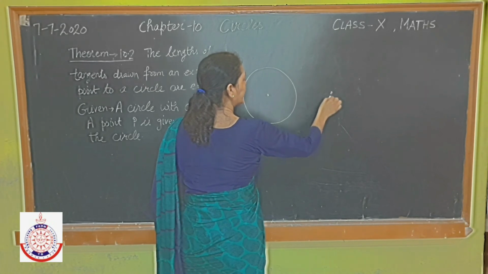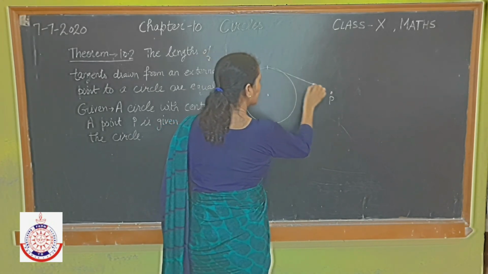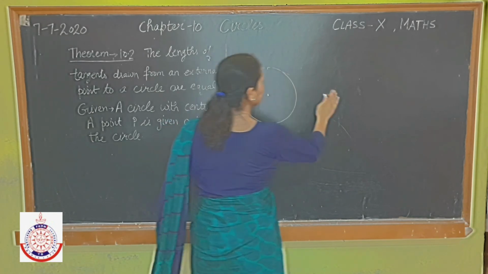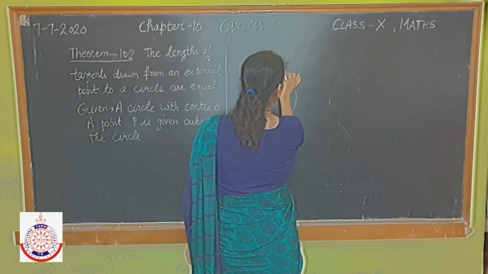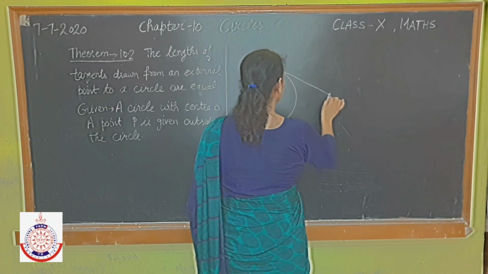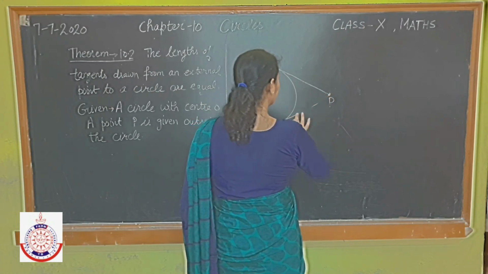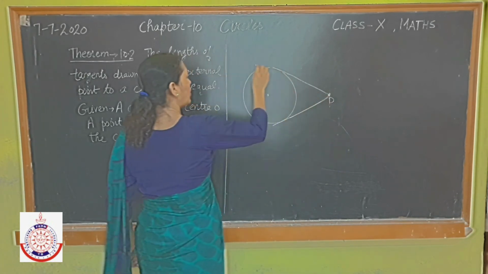Let us take this point here, and two tangents are drawn from this point to the circle.